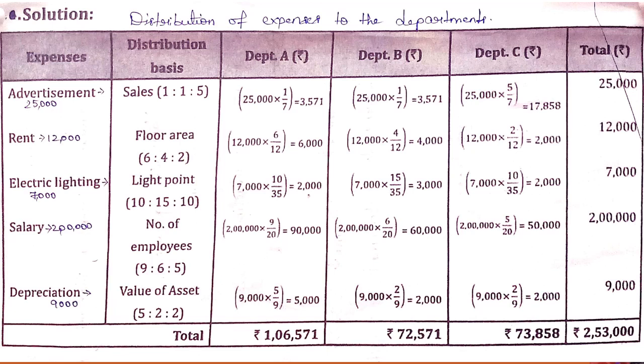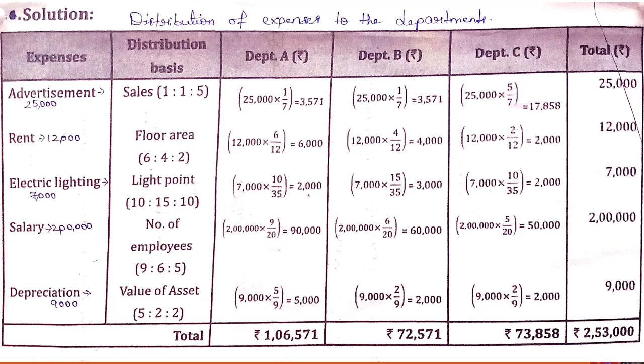Department B also 25,000 into 1 by 7, that is 3,571. And department C, 25,000 into 5 by 7, you will get 17,858. So totally your advertisement expense is 25,000.